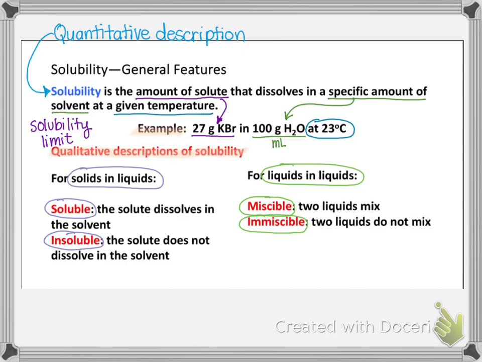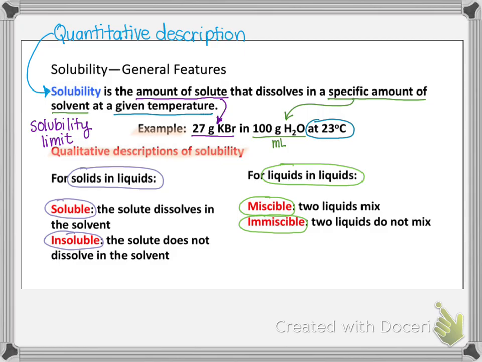So when you do the solubility experiment in lab, you will take several solutes. Most of them are solids, but you do have a liquid, and you'll mix them with different liquids. If the solid dissolves in the liquid, then you will say that it's soluble. You won't have to write down numbers. You'll just say it's soluble. If the solid does not dissolve in the liquid, you'll say it's insoluble.